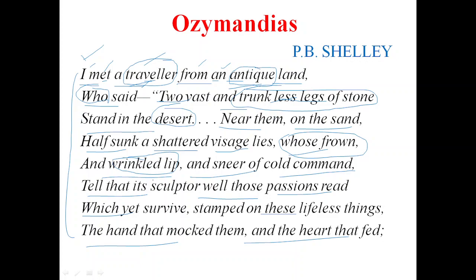Now this expression is over now. He talked about the face, how there is an expression of anger and hatred, or there is an expression of pride on that face. Which face? The face of the statue, which is lying broken, half buried in the sand.